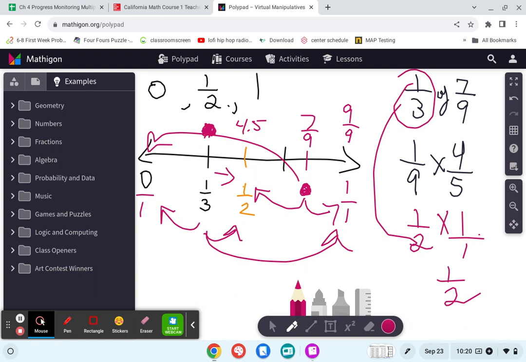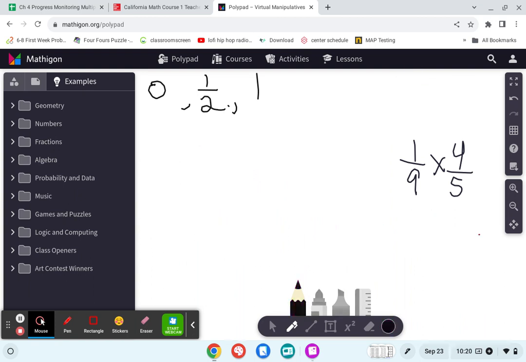Okay. Let me clear this and get us on to our last problem, which is 1/9 times 4/5. All right, this is the last one before we're done. And it is 1/9 times 4/5, or what is 1/9 of 4/5. I've shown you how to use models to multiply, but again, we're estimating. Now think about it without me drawing it out.